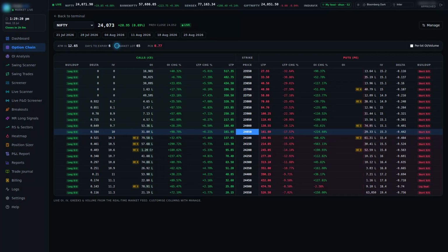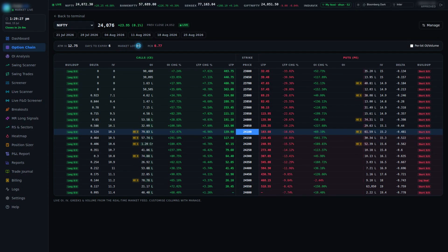Days to expiry, how much time is left, and this matters more than beginners think, because an option's time value bleeds away faster and faster as this number falls towards zero. Market lot, the exchange lot size for this symbol, 65 for Nifty, that's how many units a single contract controls, so it's the base of every position size and margin calculation you'll do.